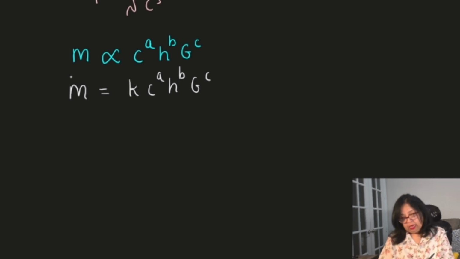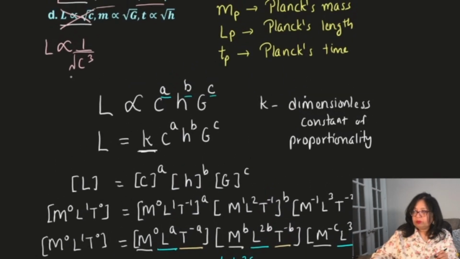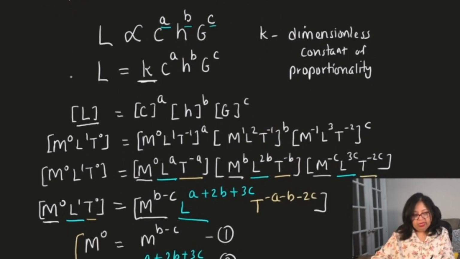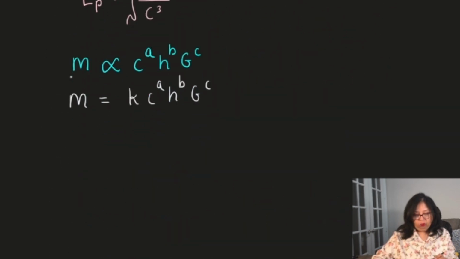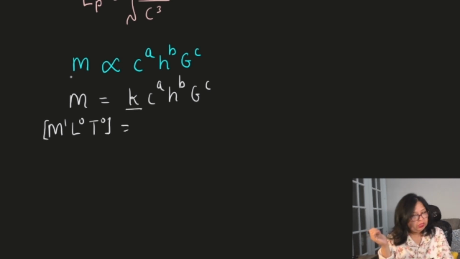How? In the case for L, left hand side was M0 L1 T0 because it was length. But now we have mass on the left hand side, so this is M1 L0 T0. K here is dimensionless.